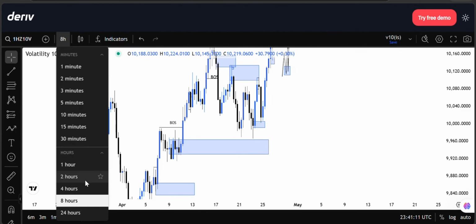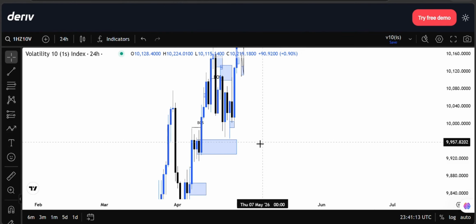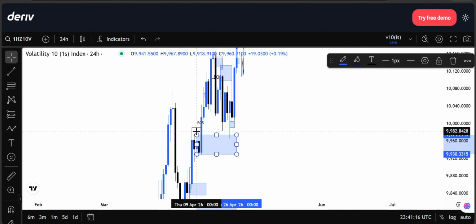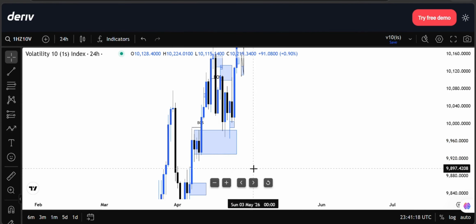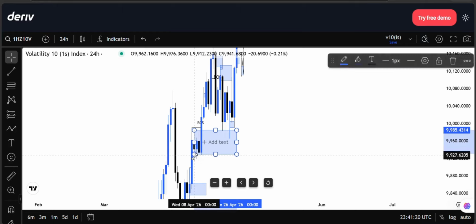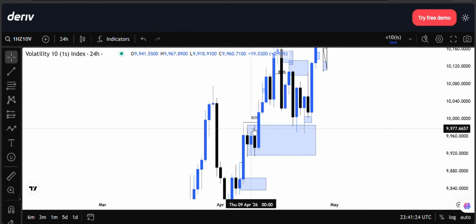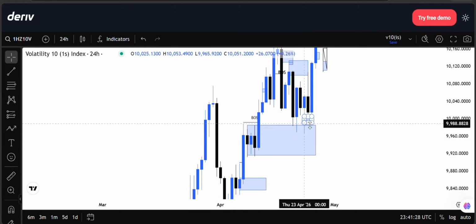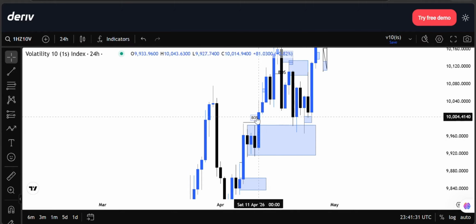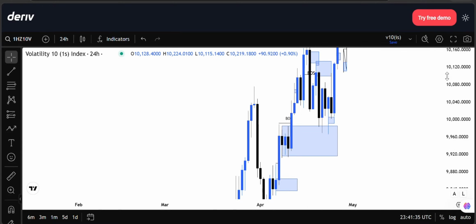If we look at it from a daily time frame perspective, this is the order block right here. This particular candle, this is the order block. Okay, so this is a demand zone because there was a break of structure to the upside caused by this particular zone. So we have that break of structure.